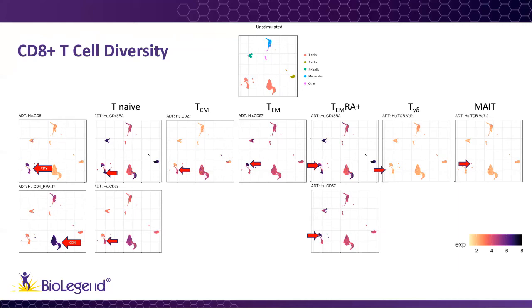We can visualize distinct cellular populations based on expression patterns projected onto the UMAP shown at the top of the slide. Based on expression of specific markers, we can delineate the presence of naive, central memory, effector memory, gamma delta, and mucosa-associated invariant T cells, which are found at low frequency in PBMCs. Now keep in mind, this is just data showing the expression of a single major subset of immune cells.